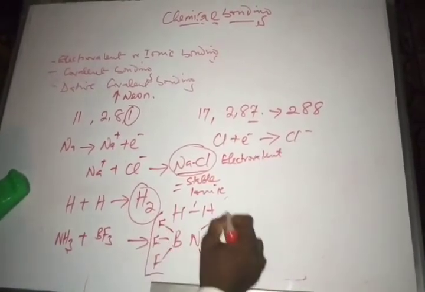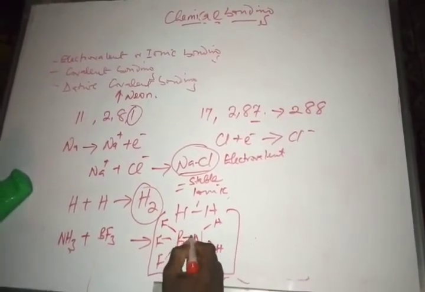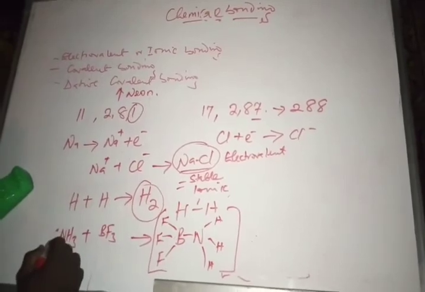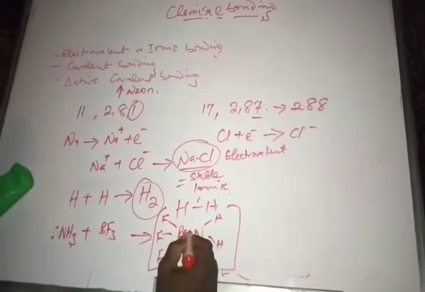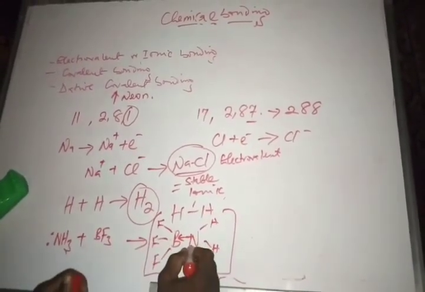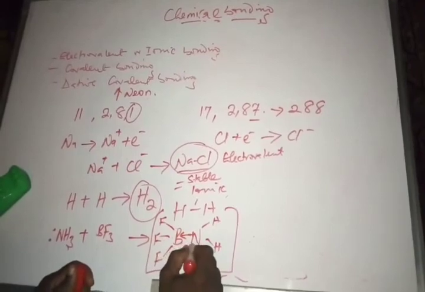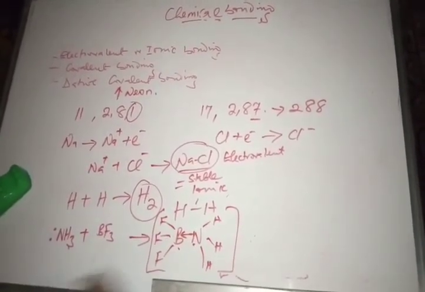The complex is formed, and the bonding electron, the lone pair of electrons from nitrogen, is supplied. And you can see the arrow showing that the bonding electron is moving from nitrogen, holding nitrogen and boron together to form a complex.